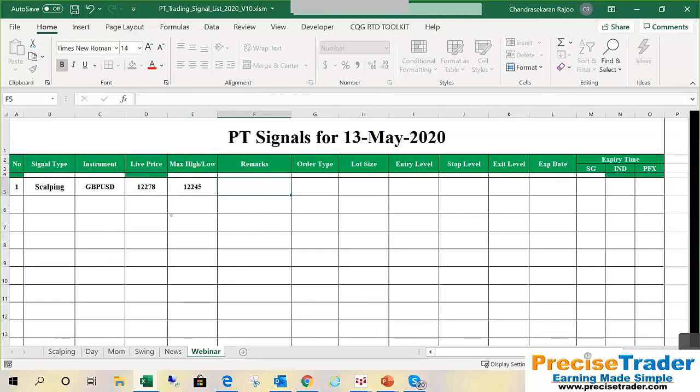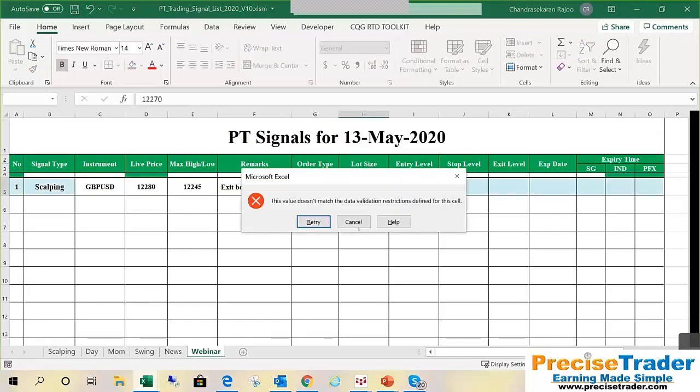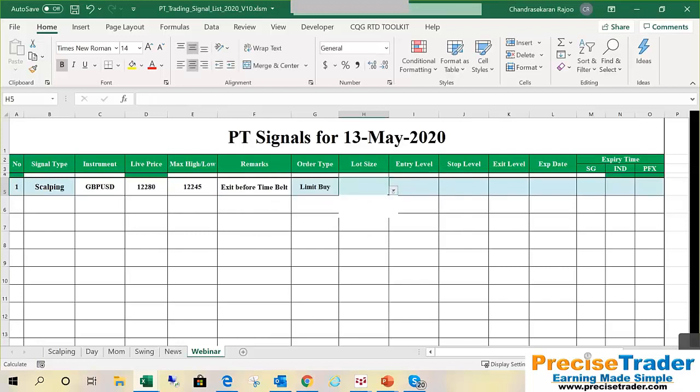And remember, I have to exit before the time belt is over. So order type is limit buy, and I want to enter at 122.70. Sorry, this is lot size. Lot size will go in one lot. Entry is 122.70 and stop at 122.48, below 50.